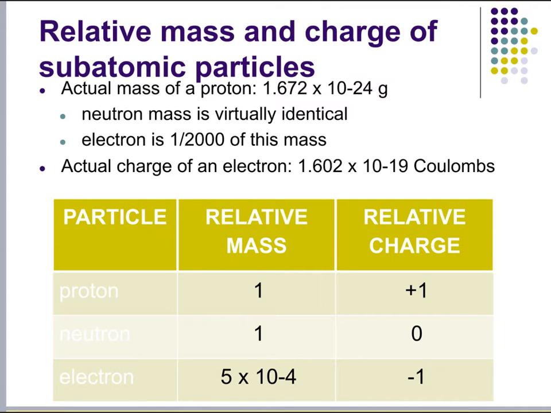So now we're going to talk about the mass and charge of protons, neutrons, and electrons. Keep in mind that the most important takeaway from this is that it is all relative. They have developed a unit called the atomic mass unit. They have a way of describing how one charge relates to another charge.